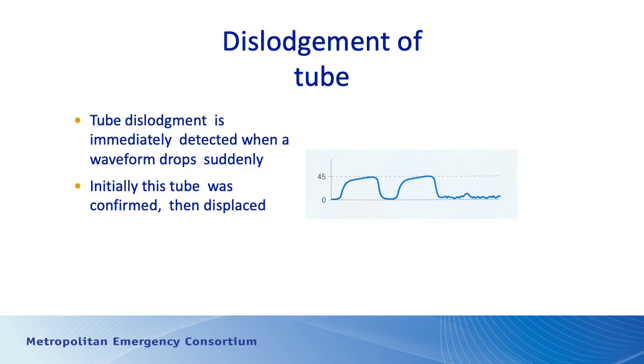Here's what you might see if a patient has a tube in place and then it becomes dislodged. I think this is another good indication of why we need to have capnography. Our patients in the ambulance, our patients at the scene, our patients in the emergency department are moved around quite a bit, and there's plenty of opportunities for us to dislodge a tube.